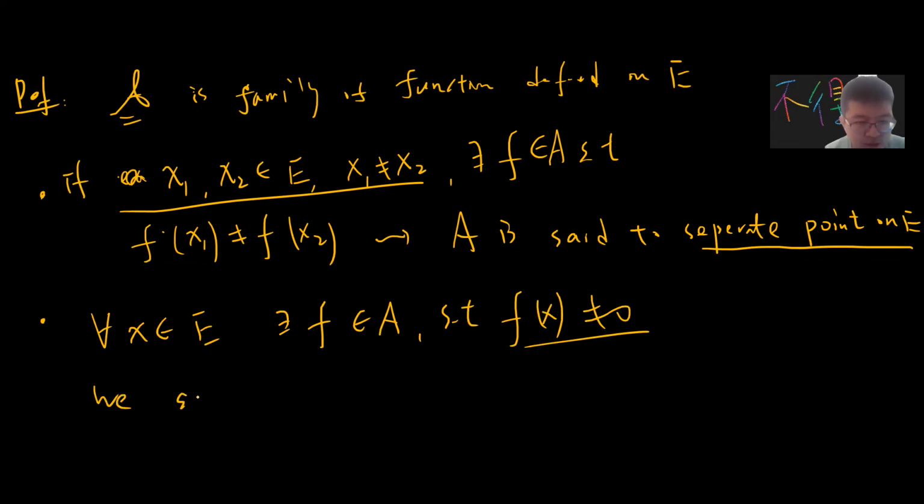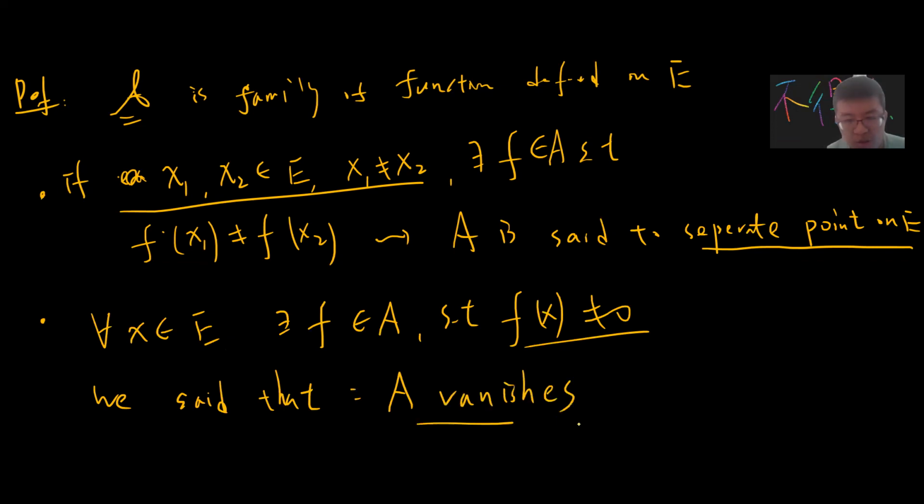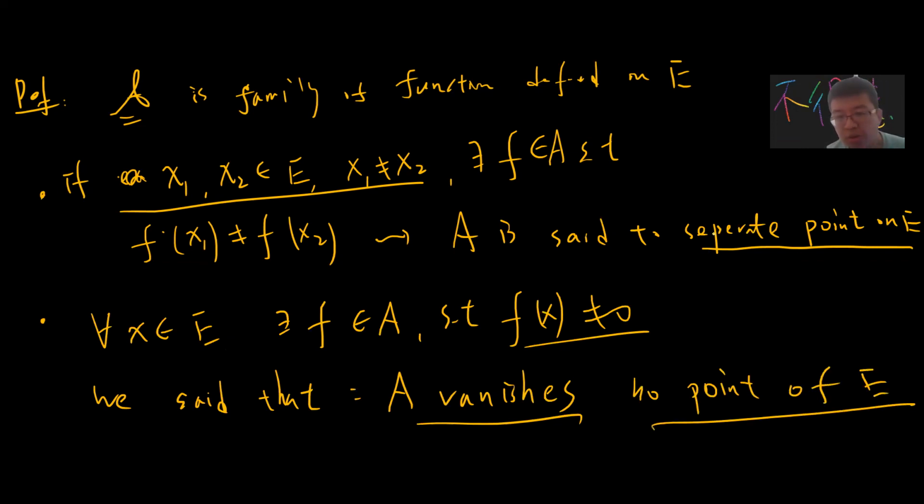Then we say that A vanishes at no points of E. So we have two definitions: one is separating points on E, and one is vanishing at no point of E.